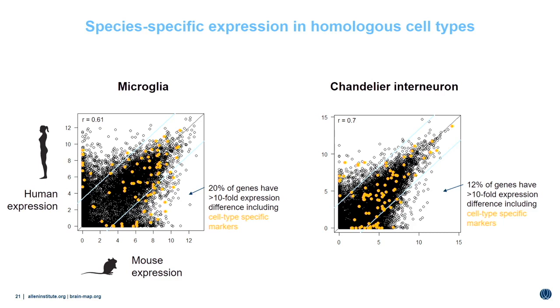And in yellow, I've highlighted genes that are reasonably specific for microglia. So even very specific cell type markers can shift dramatically between species. Compared to interneurons, glia are actually more dramatically divergent between species, but neurons also have many differences, about 12% in this particular type.